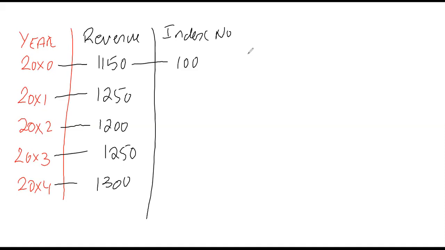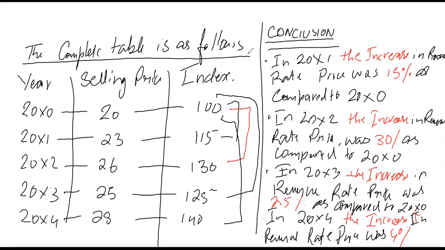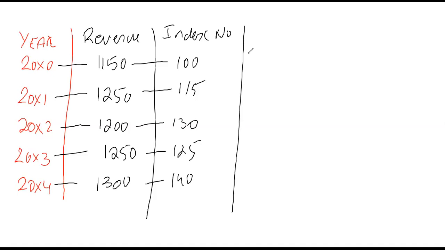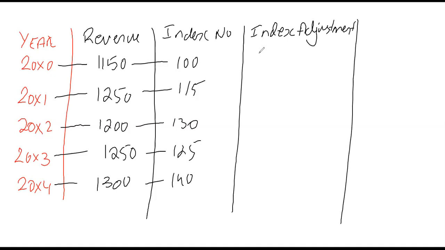Okay, so we have calculated the index numbers. The index number for the first year is 100, then 115, 130, 125, and 140. So these are the index numbers. Now I'll be using these index numbers for index adjustment, because it is the most current index number.